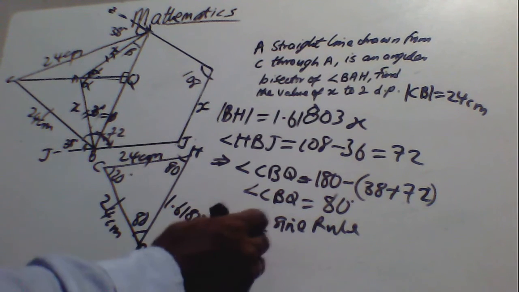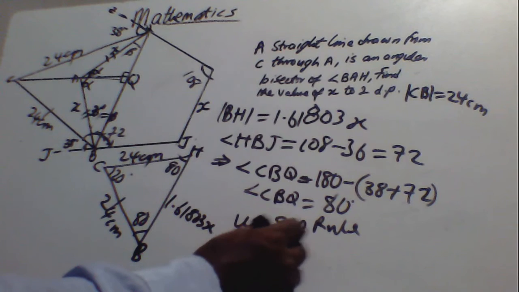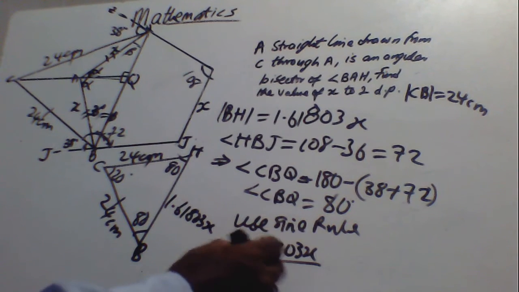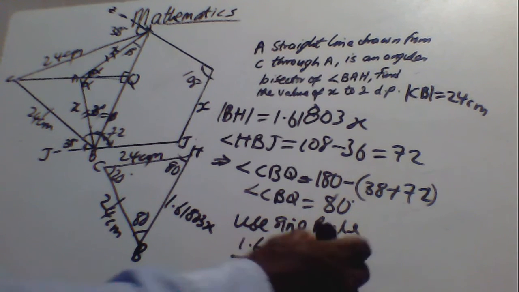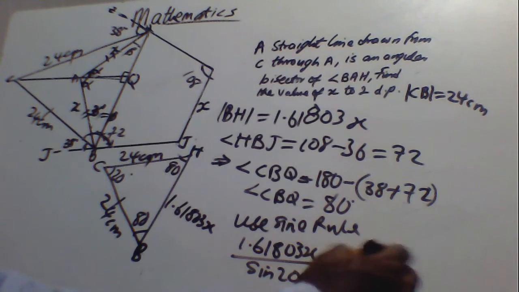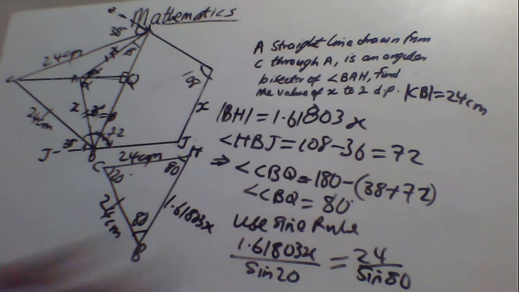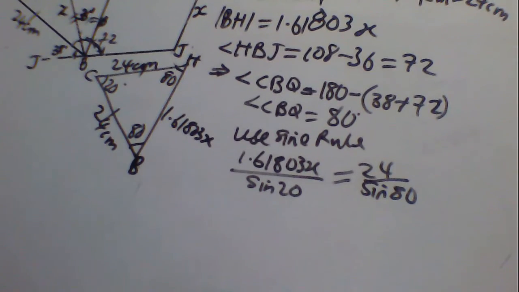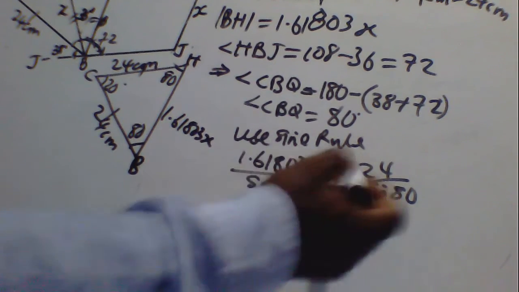So from here you have 1.61803x divided by sine 20 is equals to 24 divided by sine 80. So this is what you will solve. Cross multiply and solve for x.